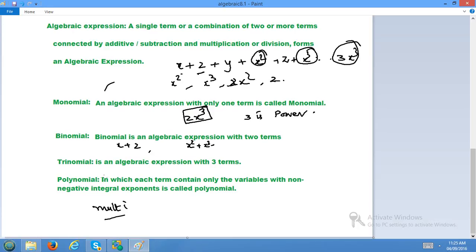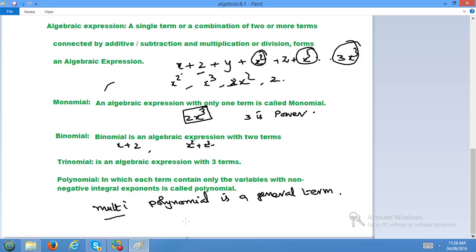So we say polynomial is a general term. But here one thing he says: each term contains only the variables with non-negative integral exponents. What do you mean by non-negative? You should understand this as well.